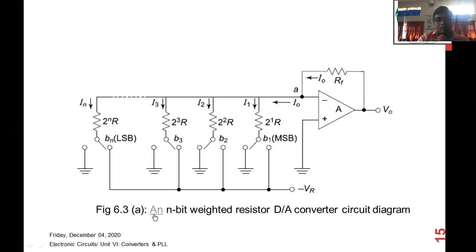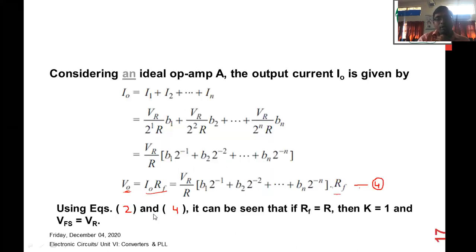Okay, so using equation number 2 and 4, it can be seen that if RF is equal to R, then K is equal to 1 and VFS is equal to VR. So if you remember equation number 2, at that time we have discussed it.